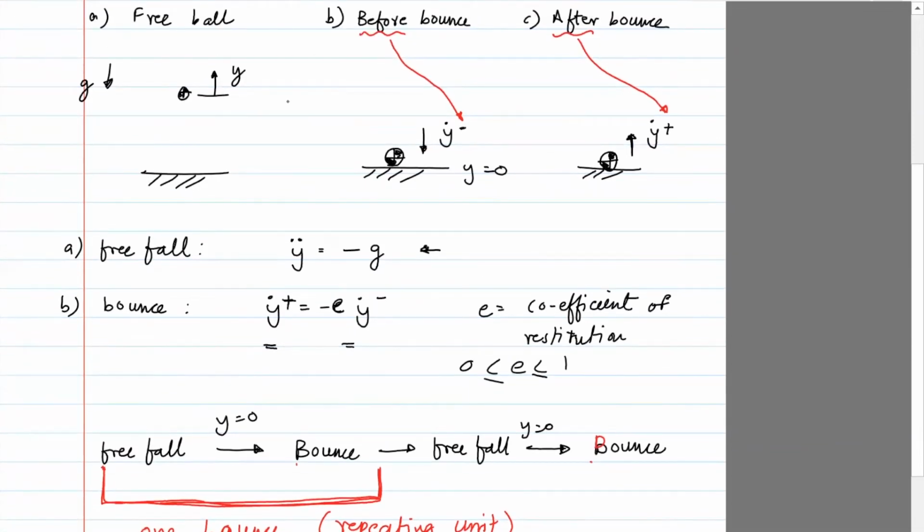When we simulate the system from free fall to bounce, we take the equation of motion, integrate it, and stop integrating when y equals 0. When y equals 0, we stop integration, switch the velocities based on this condition, and then keep integrating.